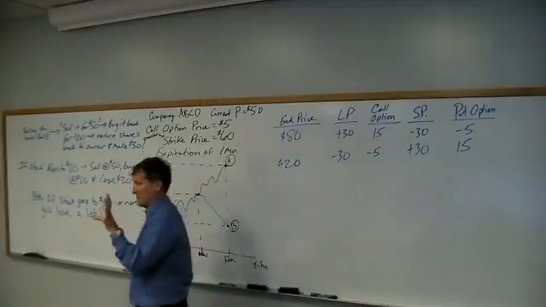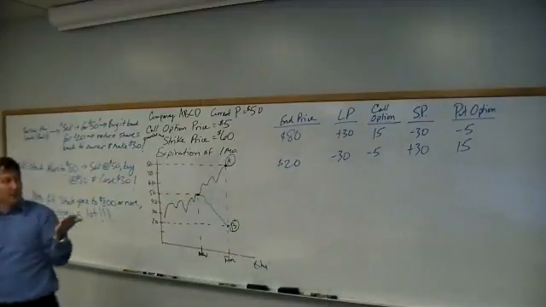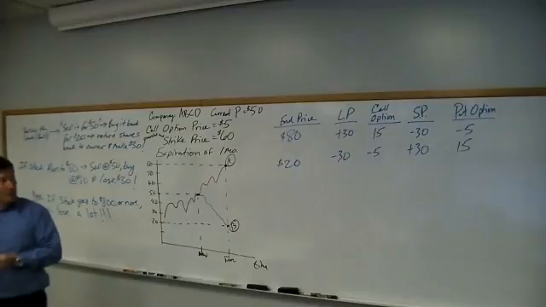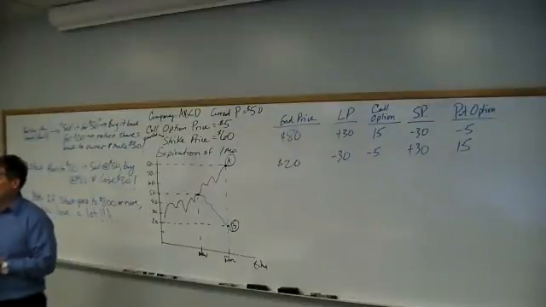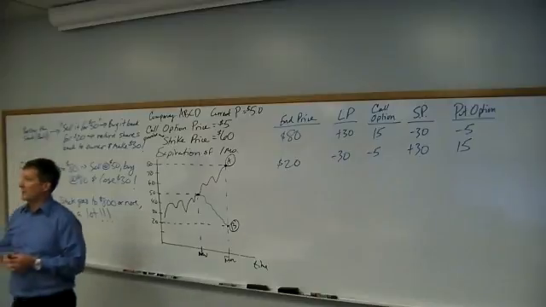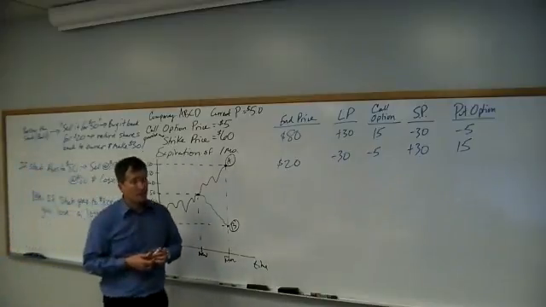You can do it with less money. If the put option was only $5, then I could turn my $100 into 20 times 15. What is that? $300. So I triple my money, and at most I lose 100. So it changes the game a little bit in terms of the upward potential.